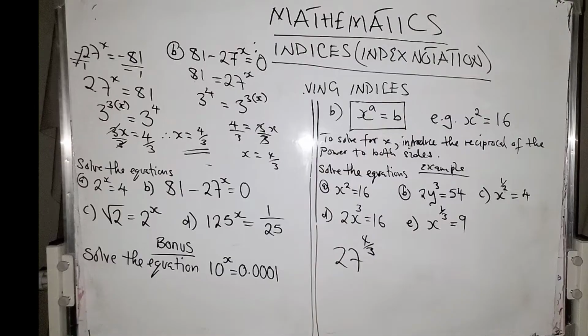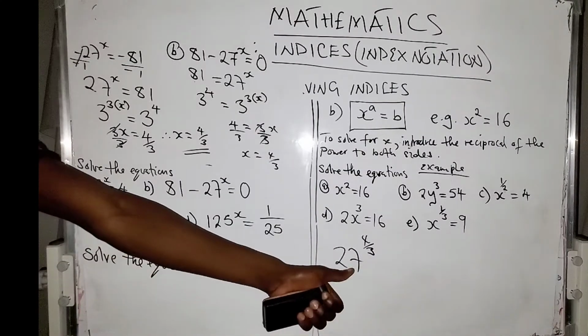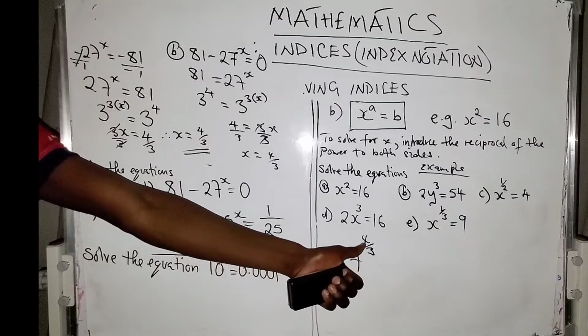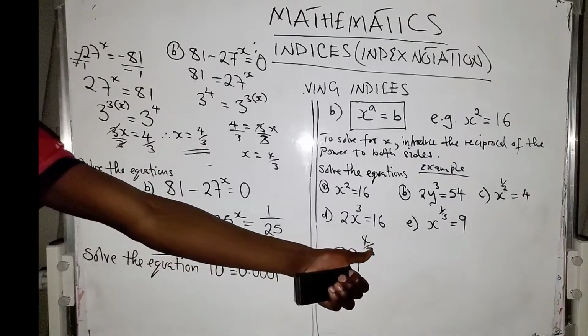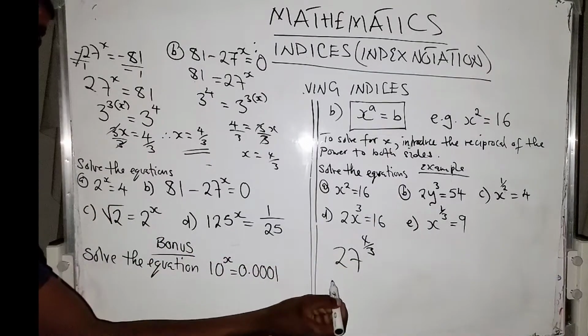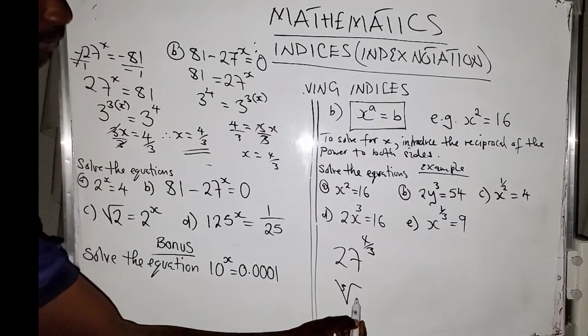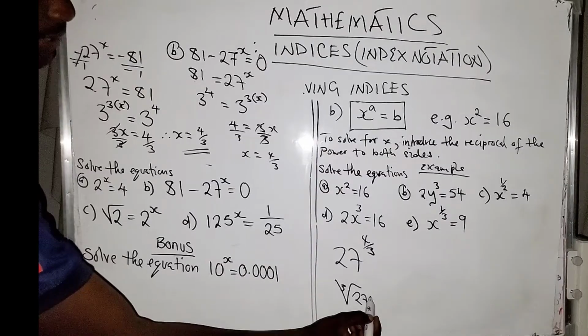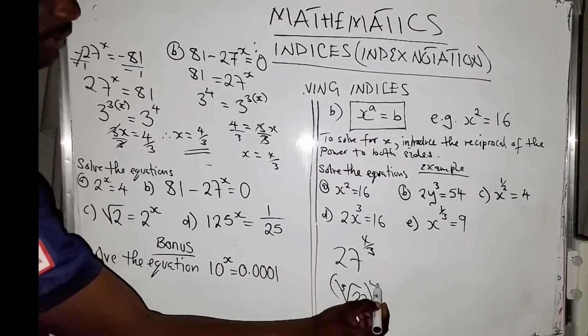So we want to prove. Now, do you remember that law which states that when you have a base raised to a fractional power, the denominator of the fraction becomes the root? So here the 3 will be the root, and we have the cube root of 27 to the power 4.